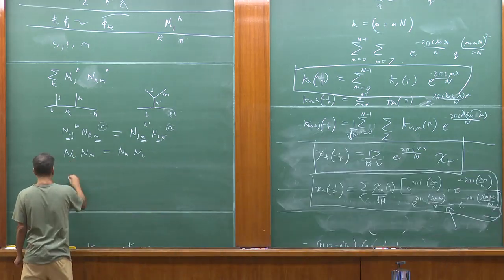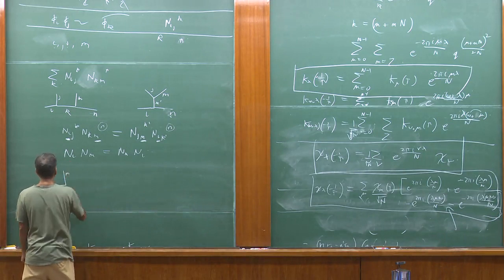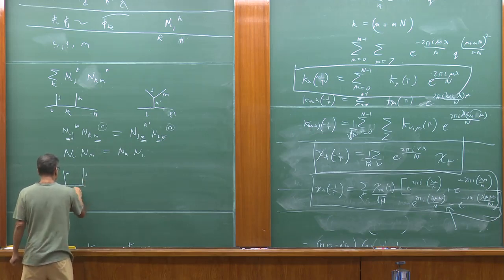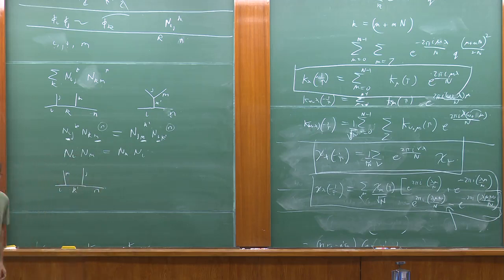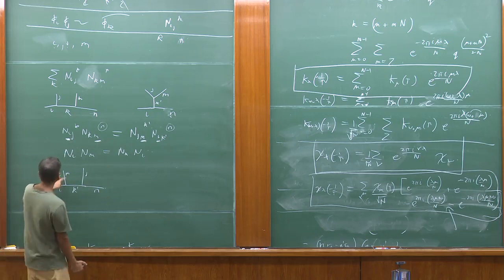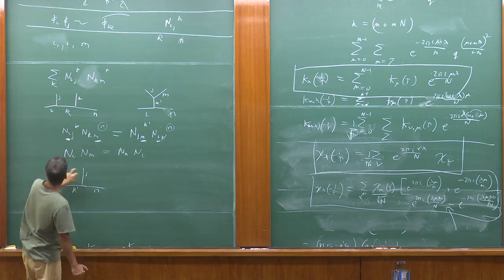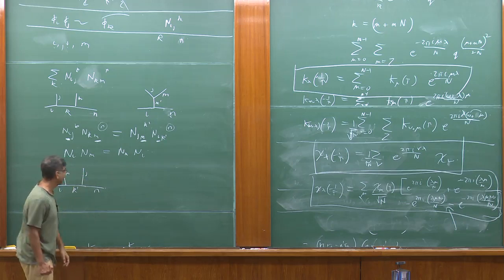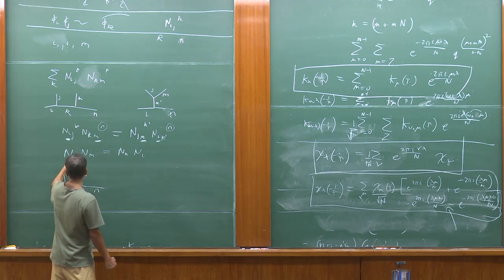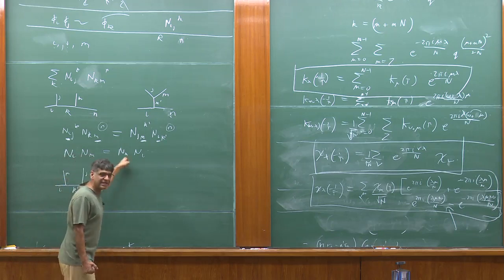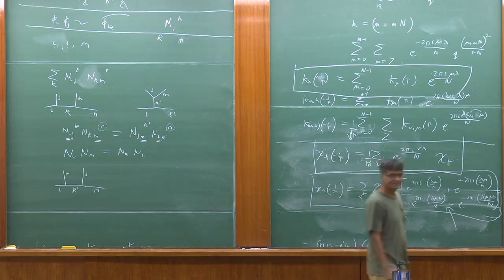So let's say we do I, M, and then some K prime, J and N. This is exactly the same algebra we've done here with M and J roles reversed. So what we will then get is that N_i with N_j is N_j with N_i. It's all subsumed within the statement that any two fusion matrices commute with each other. Is this clear?